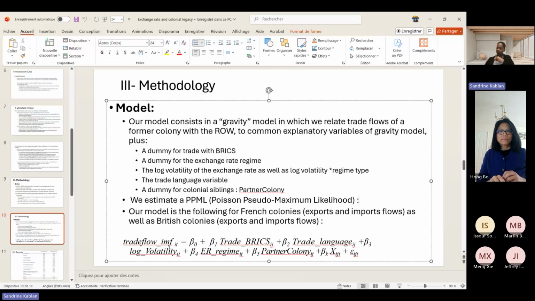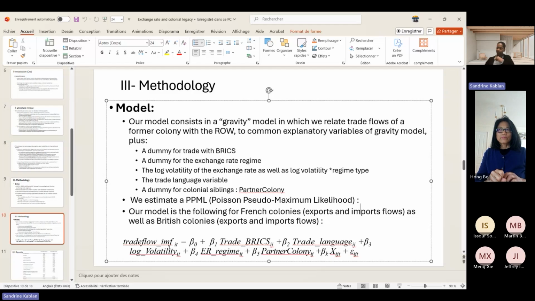Because at first we wanted to see how BRICS trade and all those features that we mentioned in the study influence trade flows of these former colonies. So this is the dependent variable. And then for the variable related to capture, for example, variable with BRICS, we use a dummy variable.